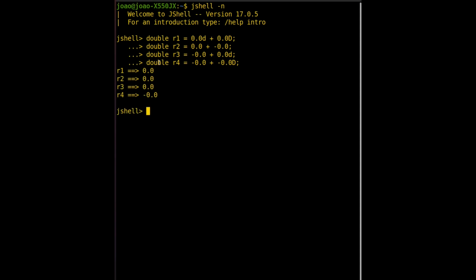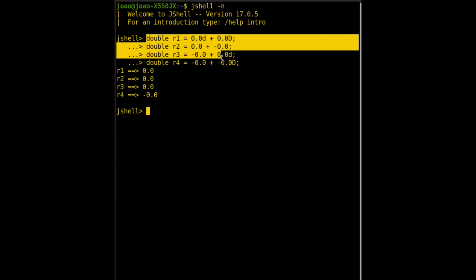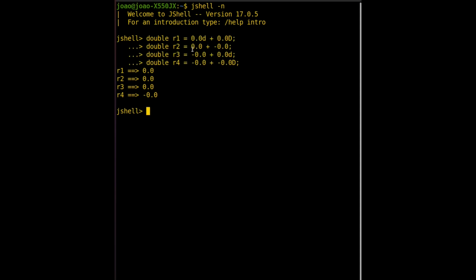I've assigned R1, R2, R3, R4 of type double with the values of 0.0d, which you don't need to use the suffix, but I'm using the small suffix and the large suffix d to indicate that they are double literals.